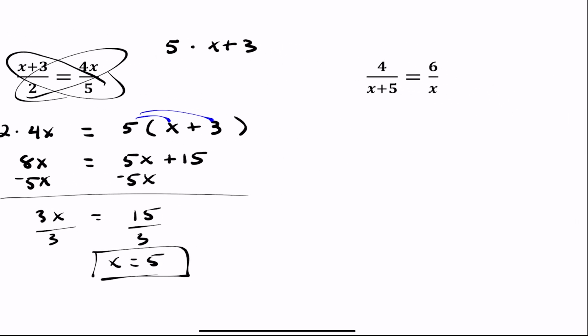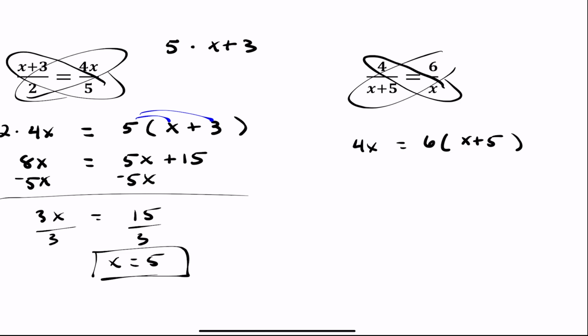Alright, so let's go ahead and move on to number 3 here. Again, we're going to cross multiply 4 times x, that's 4x. And that's equal to 6 times the quantity x plus 5. And then distribute, so you have 6x plus 30, and don't forget the left-hand side is 4x.